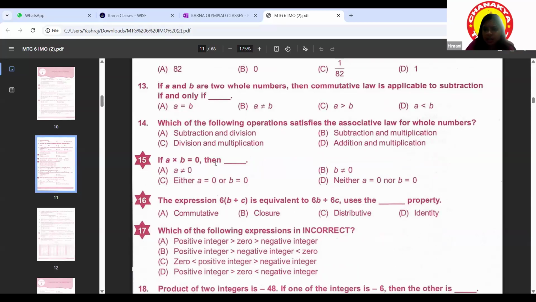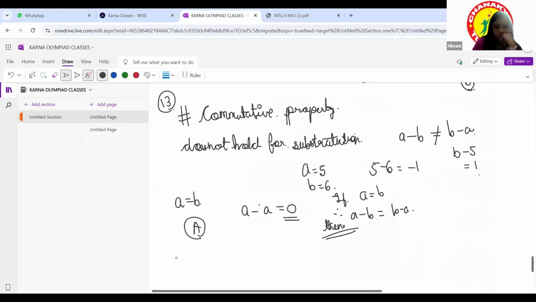Either one of the two numbers should be 0. 0 into 0 is 0. 5 into 0 is 0. So any one of the two numbers should be 0. Right? Yes, ma'am. So which option shows this? Either A is equal to 0 or B is equal to 0. So the answer should be C, no? Yes. Then why did you say D?